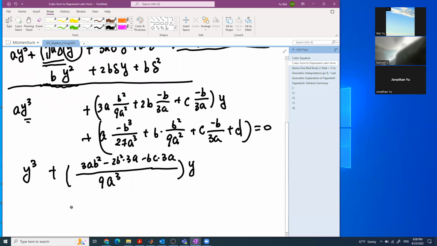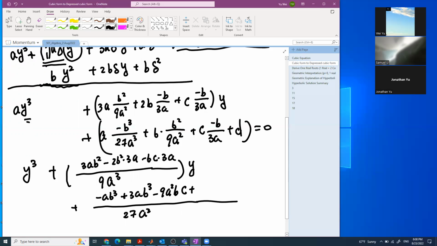Then the last term: we have 27a cube, then negative ab cube times 3a, plus 3a of the b cube. Then we times 9a squared minus 9a squared bc, plus we have 27a cube of the d, equals 0.